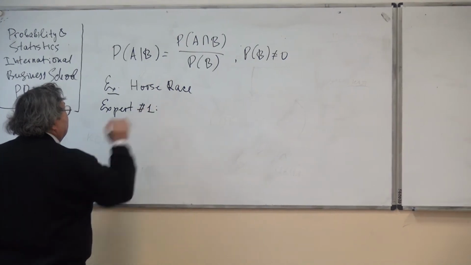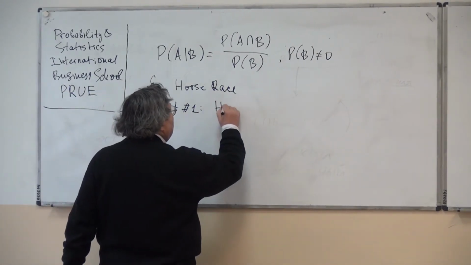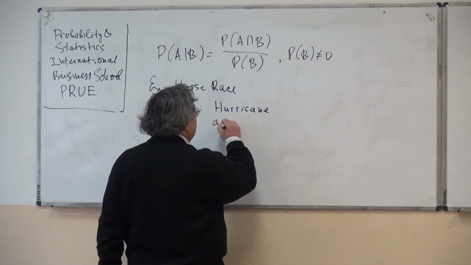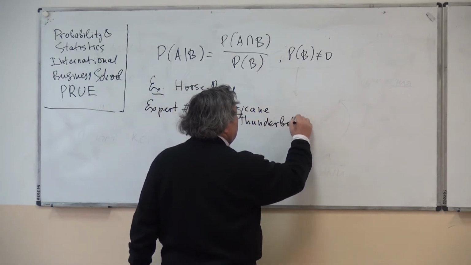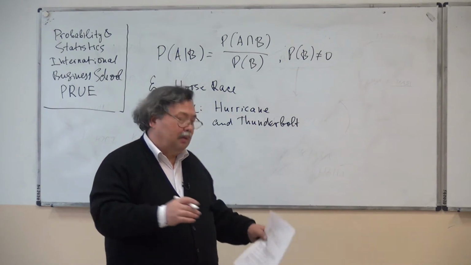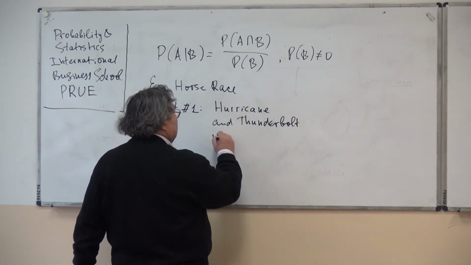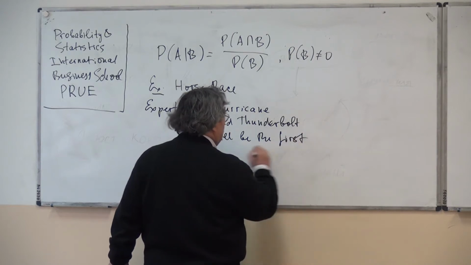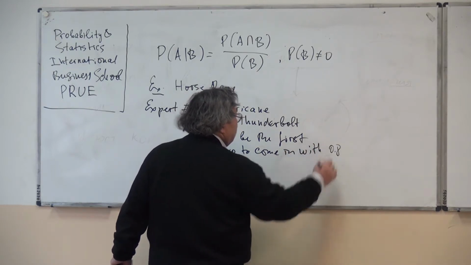Expert number one says that the horse named Hurricane and the horse named Thunderbolt will be the first two to come in with probability 0.8.